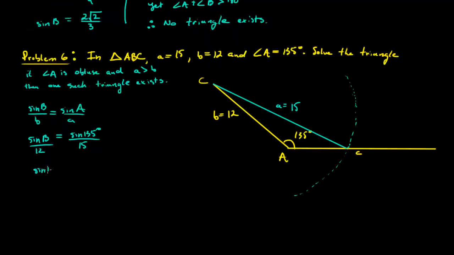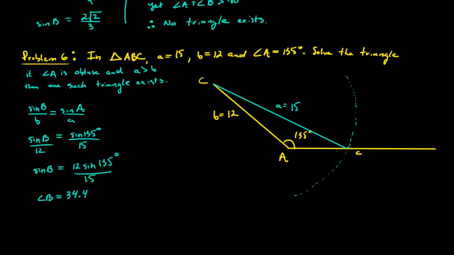So sine B is equal to 12 sine 135 degrees over 15. So angle B is equal to the arc sine of all this, which is 12 sine 135 divided by 15, which is equal to 34.4 degrees.